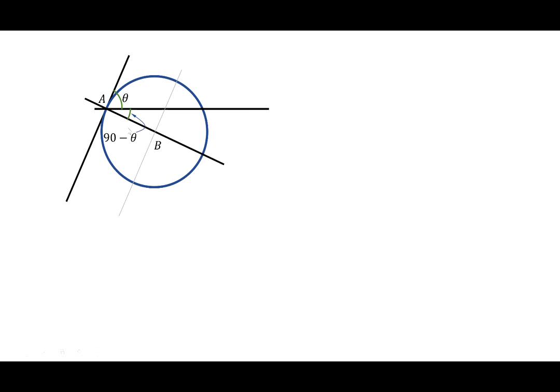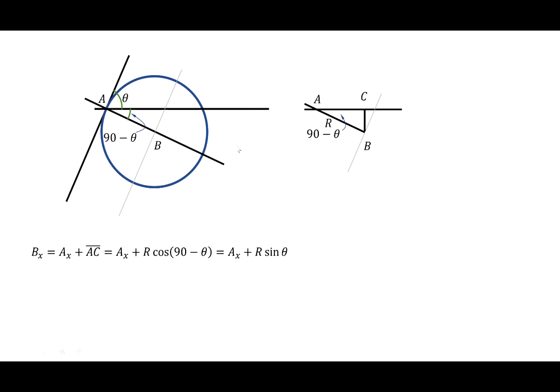So I redrew the figure here, and as you can see, I know the point A to be (2, 4), and this angle to be theta, which I can find, and that means this is 90 minus theta. Using trig, I figured out that b sub x, the x coordinate of this point B, should be the x coordinate here plus this horizontal distance AC, which is r times cosine of 90 minus theta, where r is the radius.